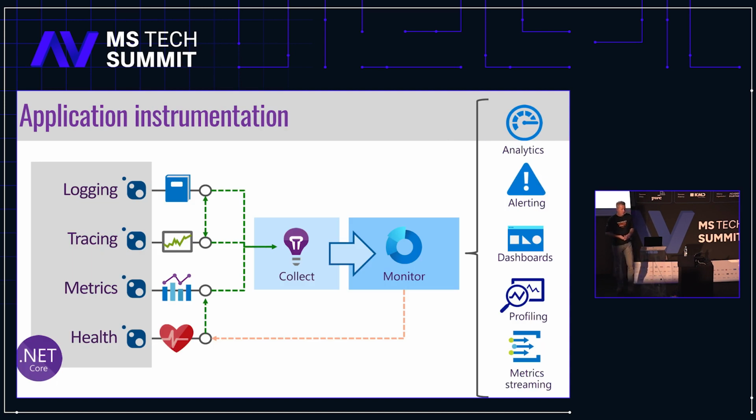Now, for application instrumentation: logging, tracing, metrics. Those are the three important ones. I added an extra one, the 3+1, the health, because it has a place of its own. You have NuGet packages that will help you get this in your application and get it instrumented. Microsoft has its own.